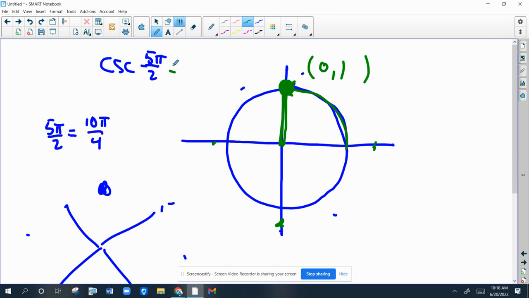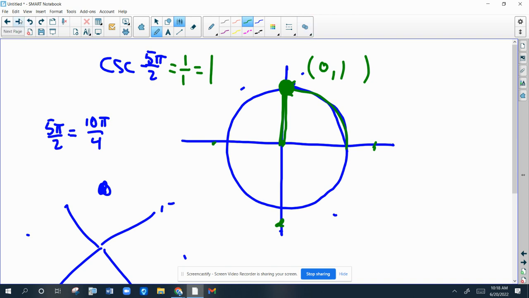Cosecant is the reciprocal of sine. Sine is the y coordinate. So you have to take the reciprocal of 1 or just flip it. Well, 1 over 1, if you flip that, it's still 1 over 1. So the reciprocal of 1 is 1, and that's the cosecant of 5 pi over 2.